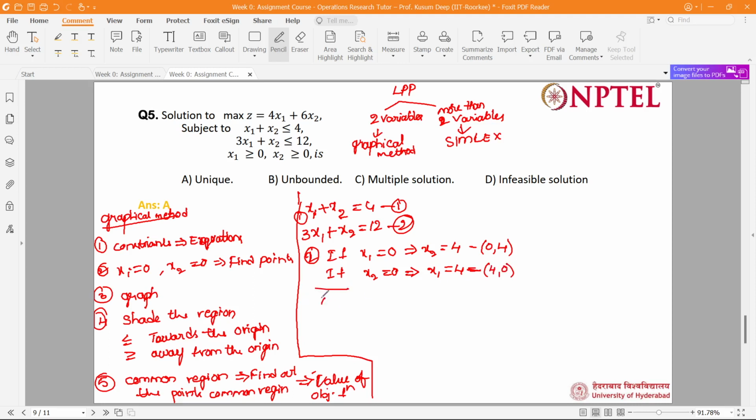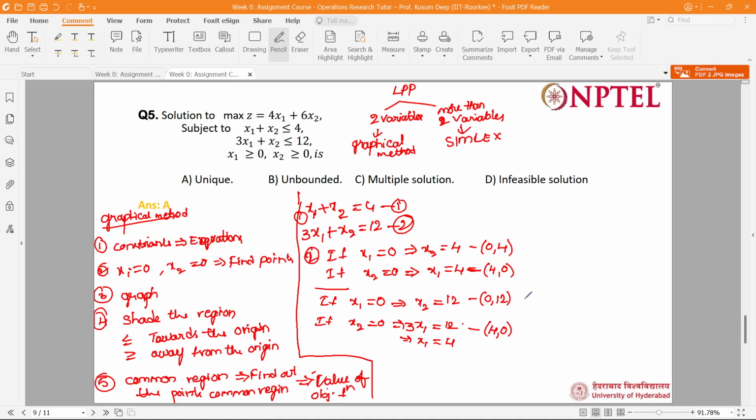In the same way, in equation 2, if x1 is equal to 0, then x2 equal to 12, the point is 0 comma 12, and if x2 equal to 0, then 3x1 equal to 12, so x1 equal to 4. So the point is x1 4, x2 0.